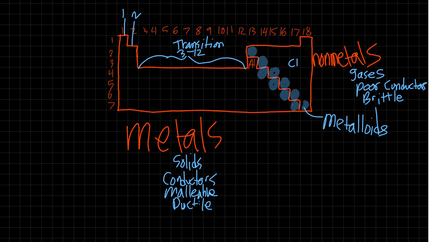Everything in group 13, 3 valence, 14, 4 valence, 15, 5 valence, 16, 6 valence, 17, 7 valence, 18, 8 valence, except helium. Helium only has 2 electrons, therefore it has 2 valence electrons. Everything else in group 18 has 8 valence electrons.